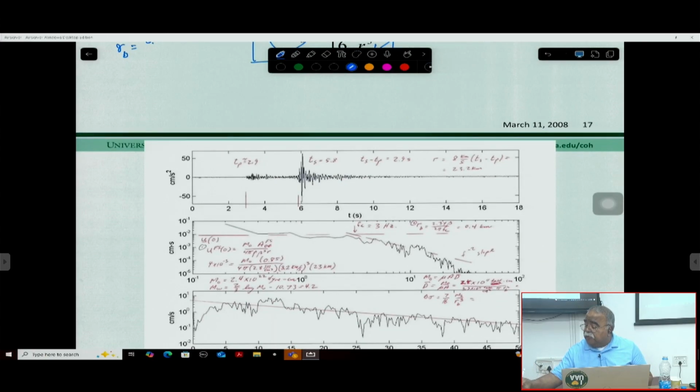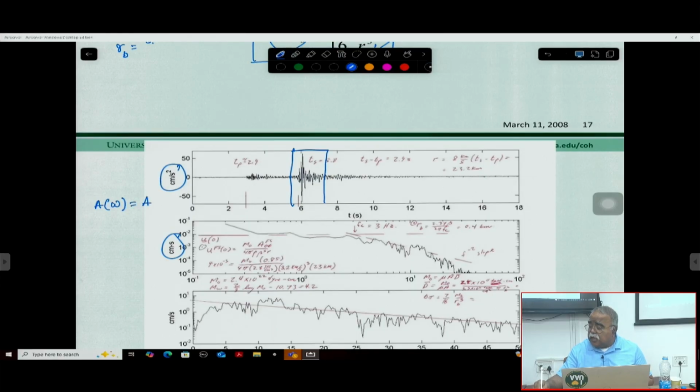So we have taken the S-wave spectrum here, and then we calculated the displacement spectrum from here, because this is your acceleration values. So we first calculate the acceleration spectra, A omega.